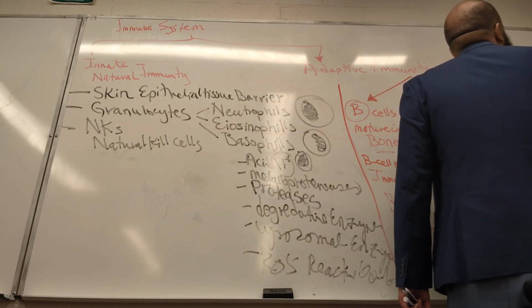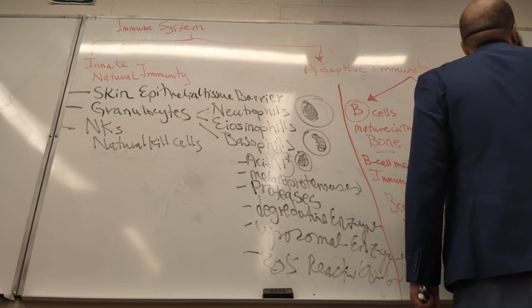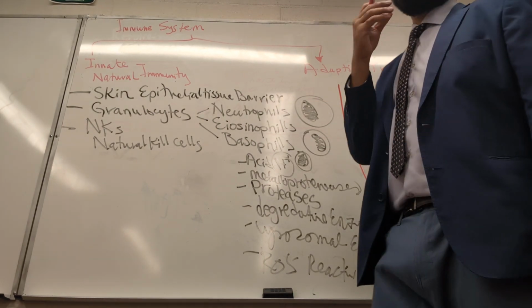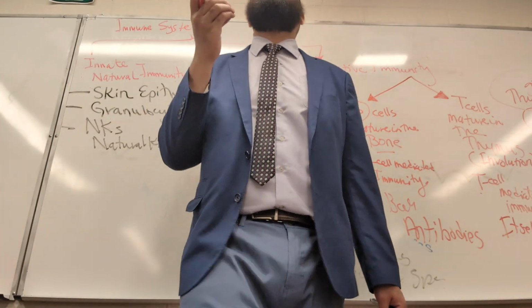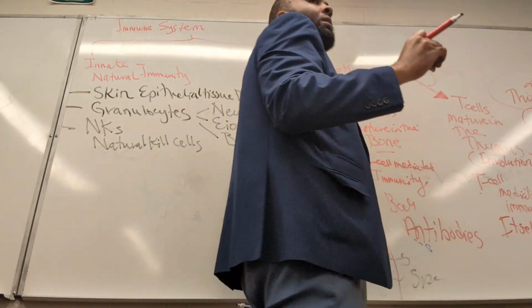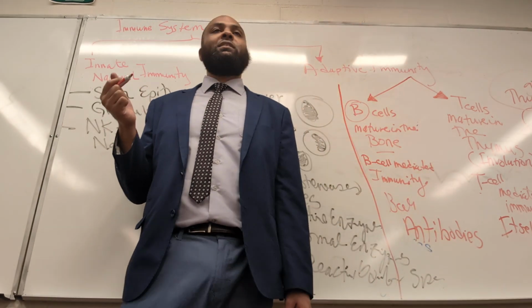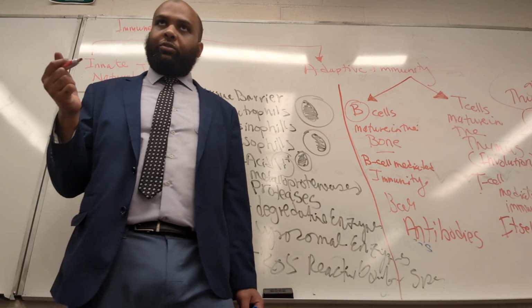So the thymus is a gland. Excellent question. The thymus is a gland, the site where the T cells mature. So where do all the blood cells come from? Thank you, the bone marrow.